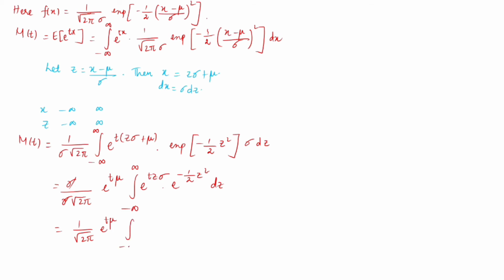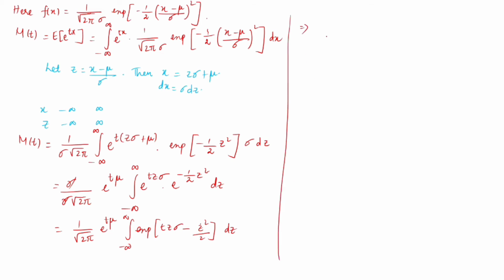And now this one, let me write it as exponential of minus half times of z square. I have taken this minus half outside. Okay, basically what happens here is that this is exponential of t z sigma minus z square upon 2. Okay, we have something of this form.